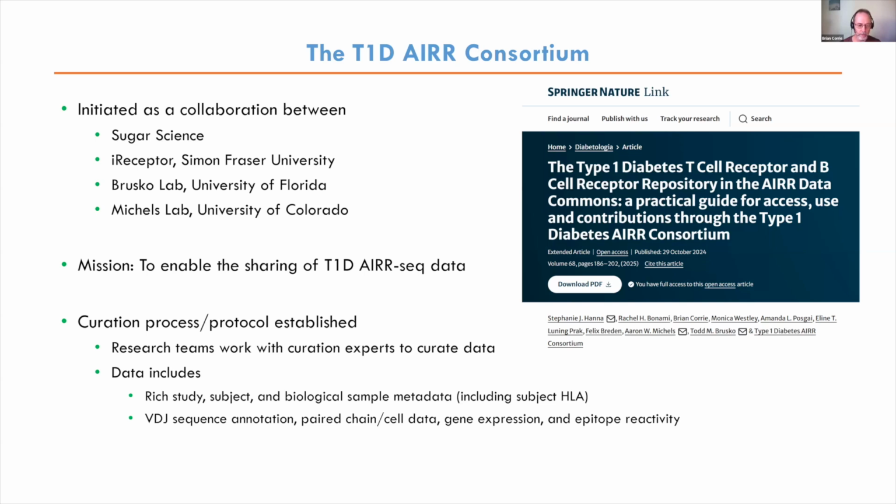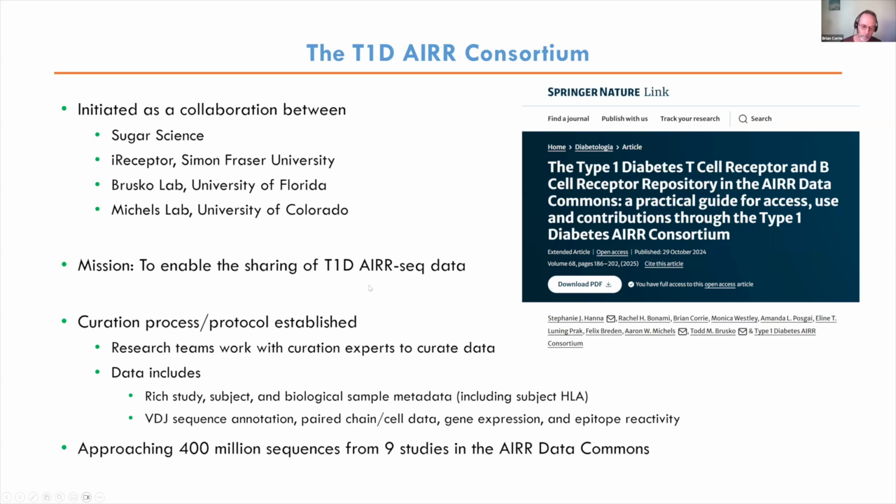In addition, it has very rich VDJ sequence annotation. Some of it is paired chain, so you've got the heavy and light chain or the alpha and beta chain for the BCR and TCR respectively. We have epitope reactivity data, so we know which receptors bind, in some cases, to which epitopes. And in the T1D data, we're approaching 400 million sequences from 9 studies in the AIR Data Commons.